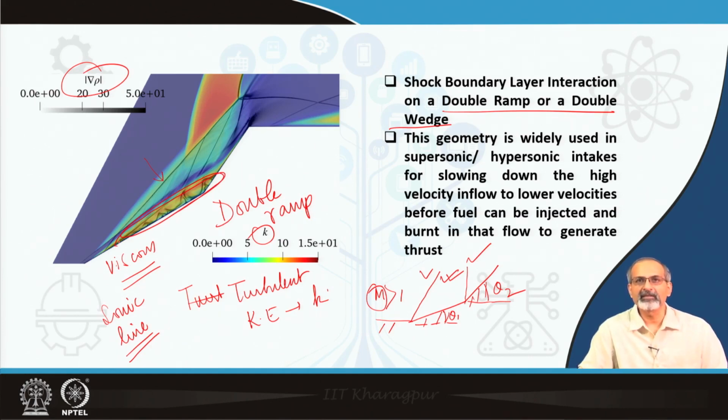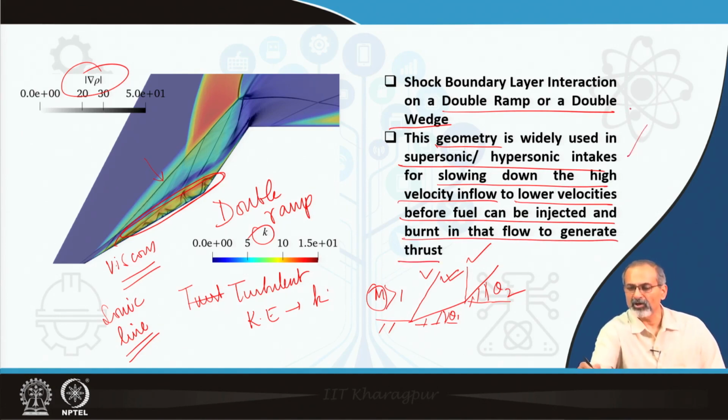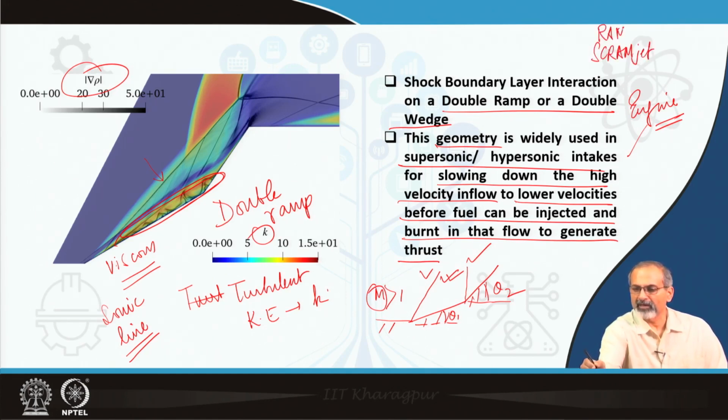There are also some unsteady effects which we are not going into, but this kind of geometry is widely used in supersonic, hypersonic intakes for slowing down the high velocity inflow to lower velocities before the flow can be injected and burnt to generate thrust. So, it has to do a lot with high speed vehicle engines. So, you may be thinking about ramjets and scramjets, and you are rightly thinking so.